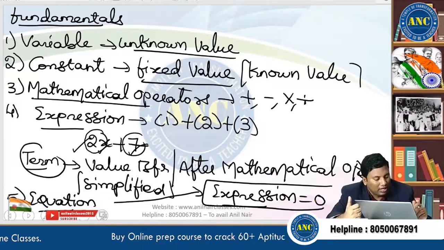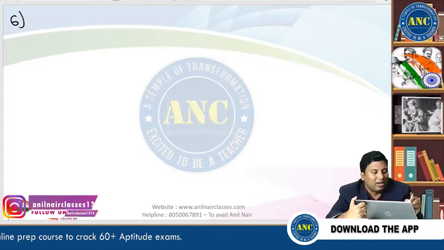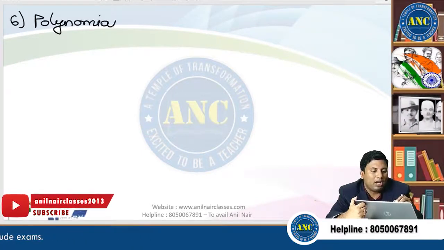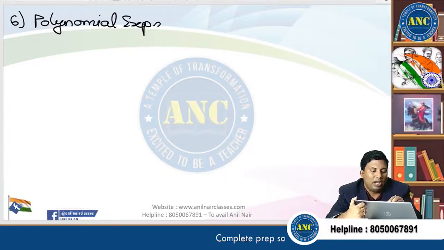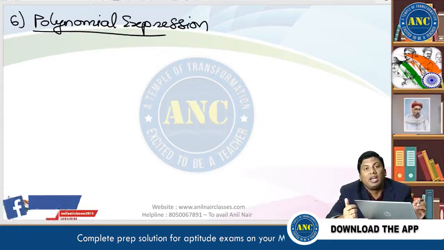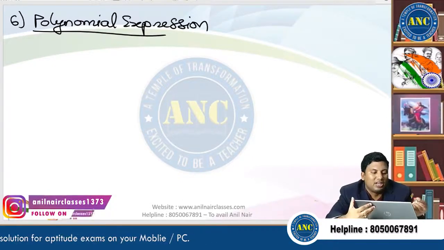Right. Next one. The most important thing is: what is a polynomial expression? Poly is many. An expression is nothing but a combination of variables, constants and mathematical operators, right?